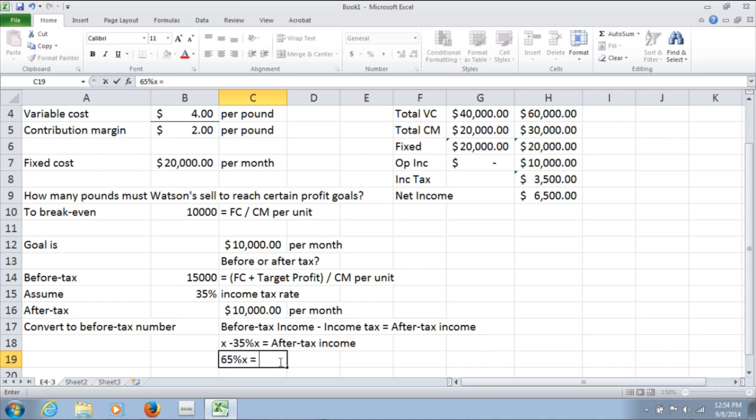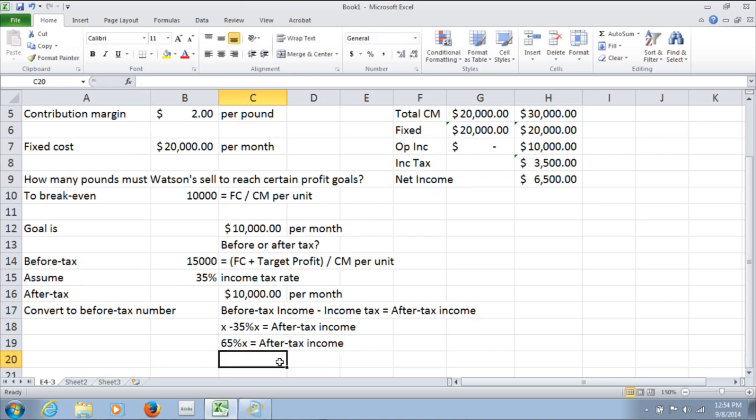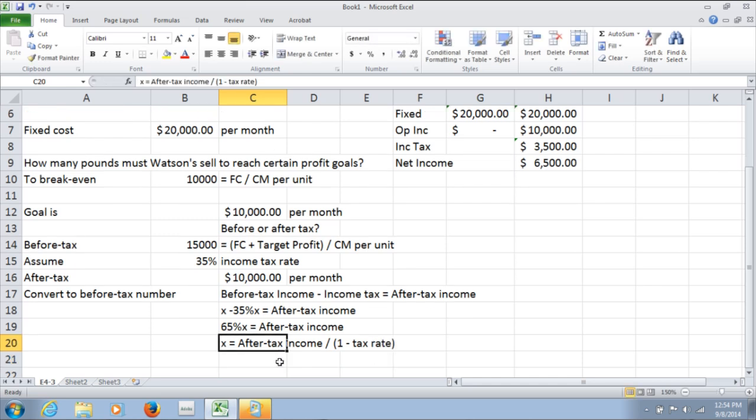And so that would be 65% of X equals the after tax income number. So then our X number will equal the after-tax income goal divided by essentially 1 minus the tax rate.